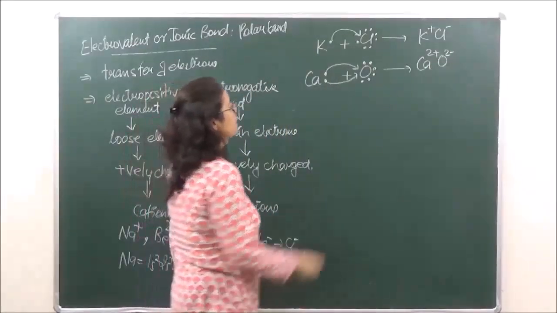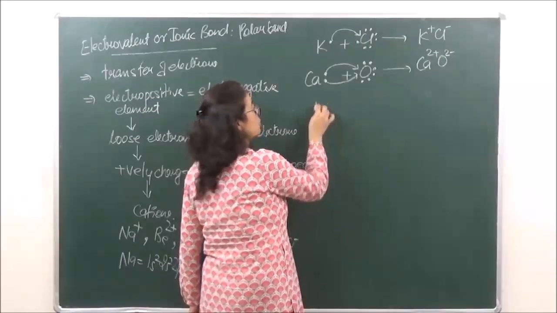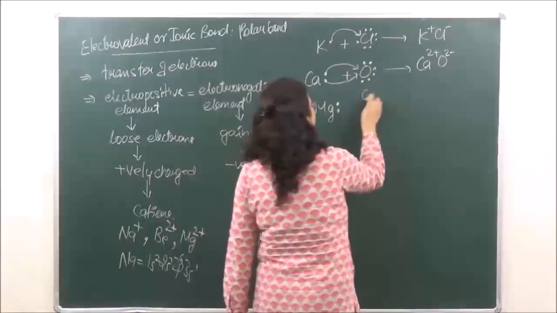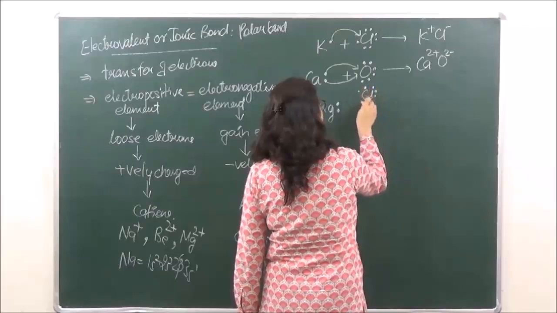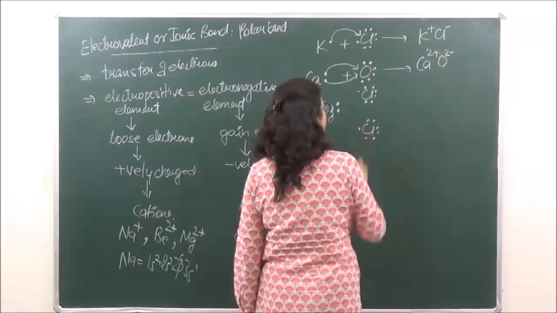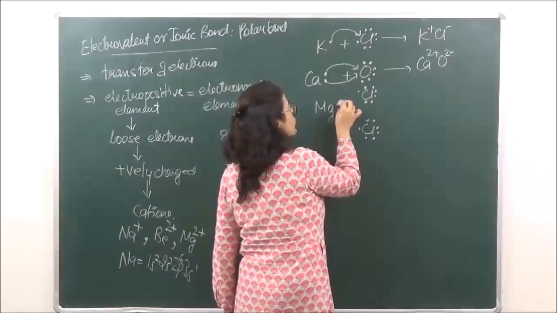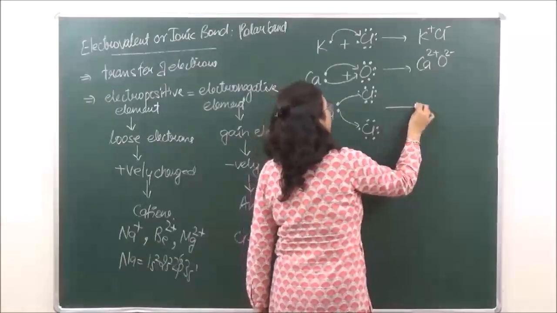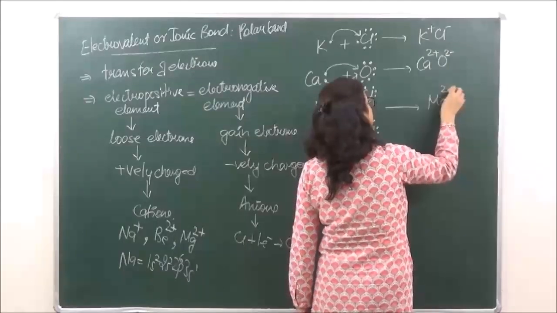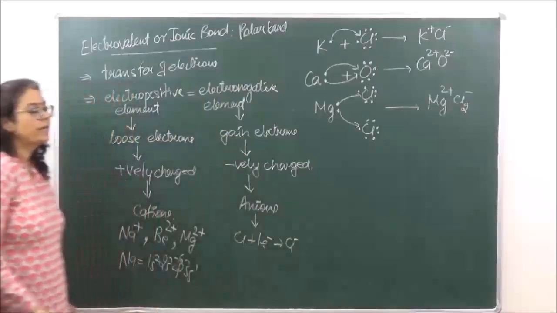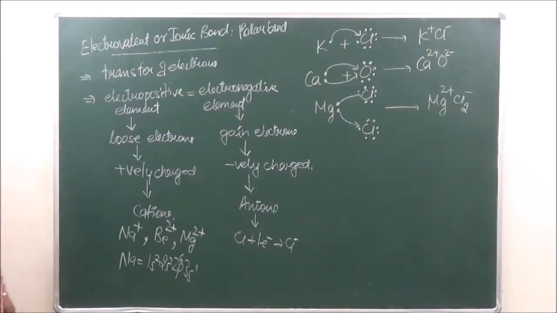Okay, then similarly we can also give an example of MgCl2. Magnesium has 2 electrons, chlorine has 7. Okay, so ये magnesium is going to give 1 electron here and the other electron here, such that we have Mg2 positive and Cl negative. Okay, ji? So this is what our ionic bond is.